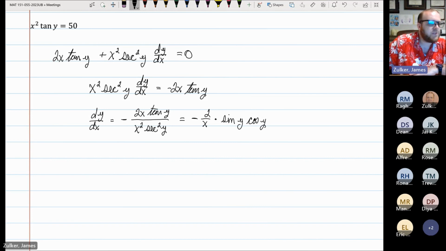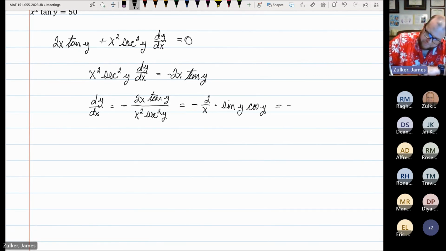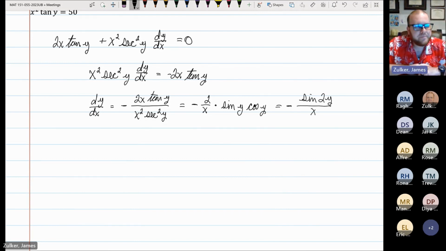That would be sine of y times cosine of y, wouldn't it? And 2 sine y cosine y is the same as sine of 2y. So we can write the derivative as negative sine of 2y all over x.